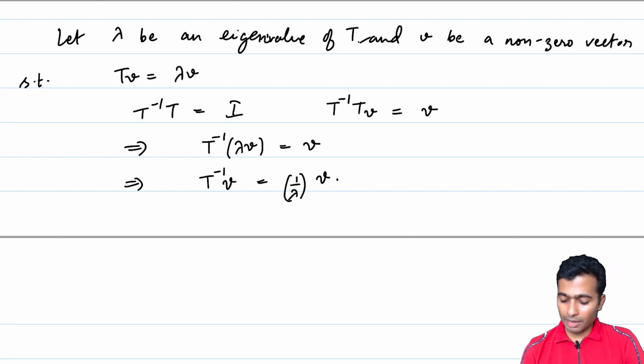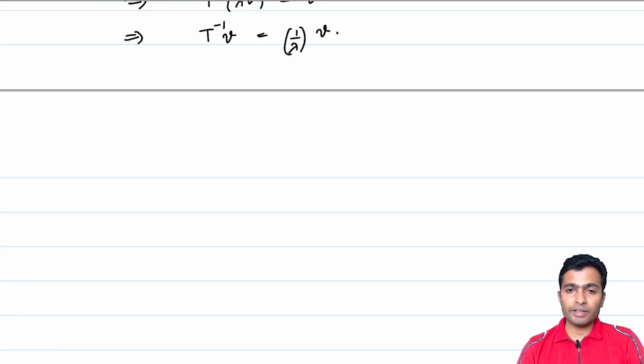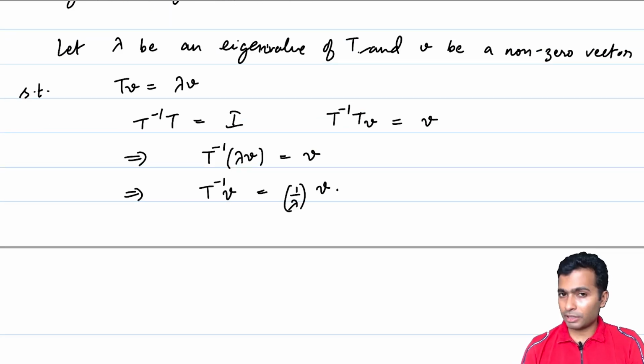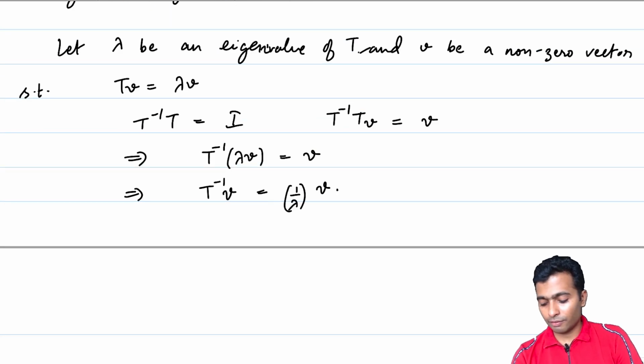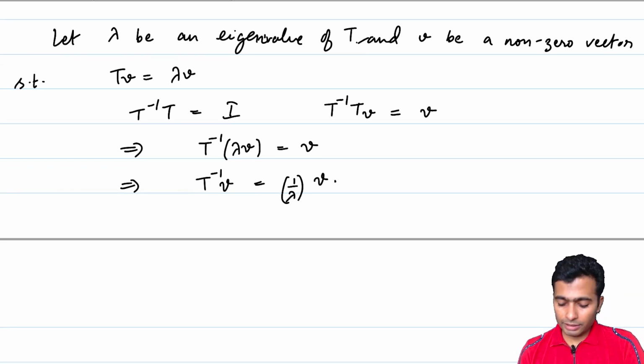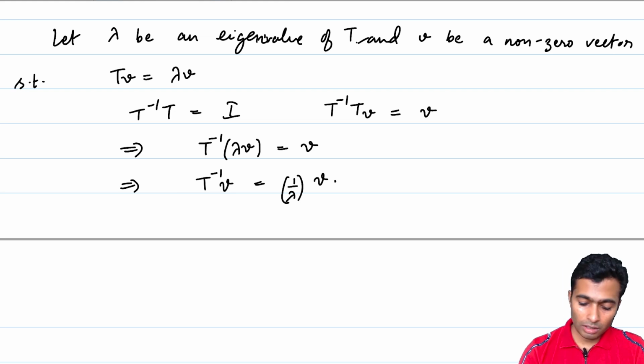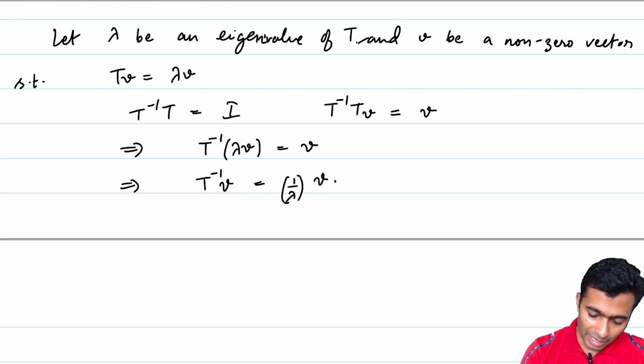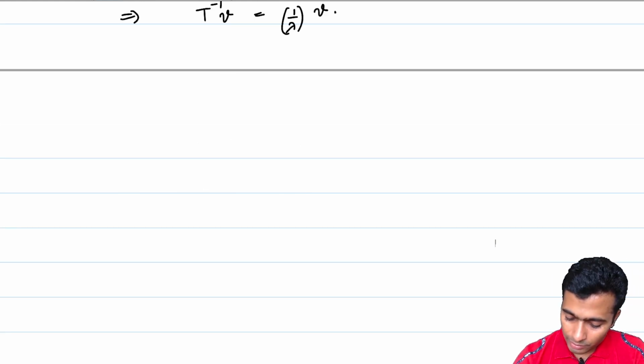That means that 1 by lambda is an eigenvalue of T inverse, and v is an eigenvector of T inverse. So what we have proved here just now is that if v is an eigenvector of T corresponding to lambda, then v is also an eigenvector of T inverse corresponding to 1 by lambda. So let me just note that down.